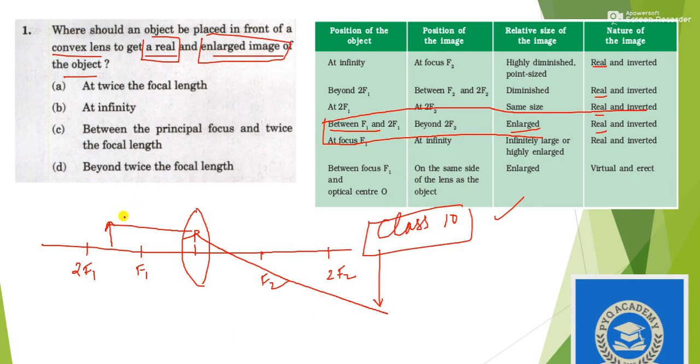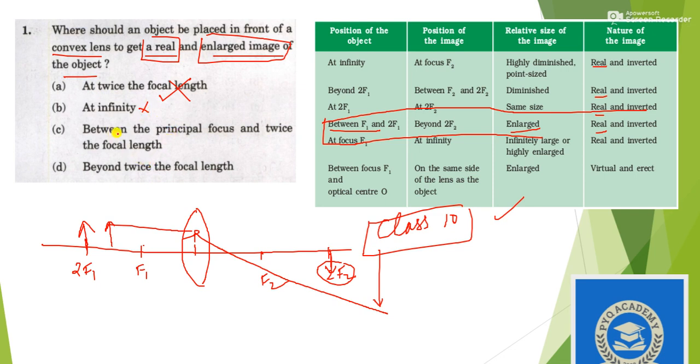So our answer should be the option between 2f and f. The first option is at twice the focal length. No, this is not correct, because if we put the object at twice the focal length, then the image will be at 2f2. So this is not the option. Infinity is not.